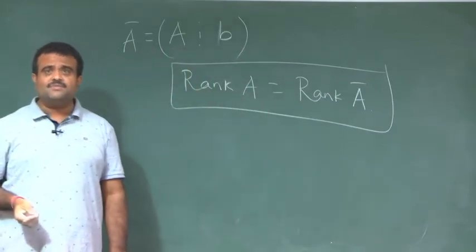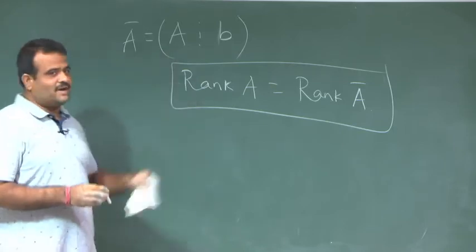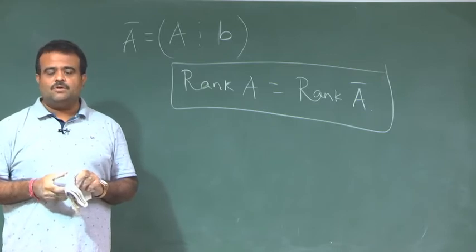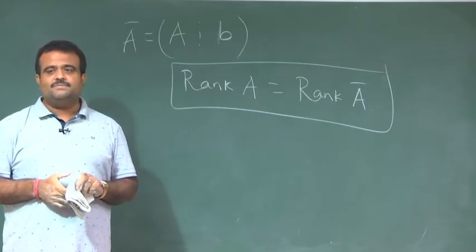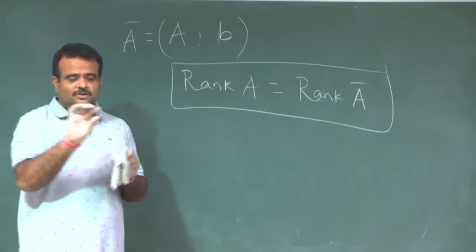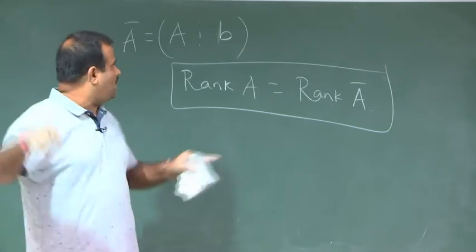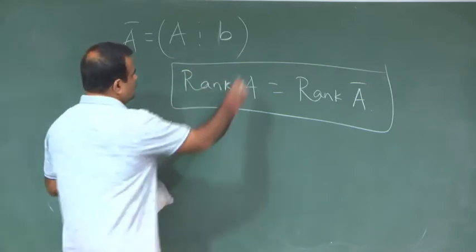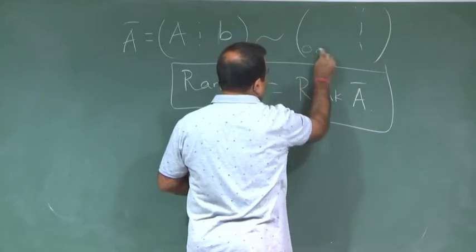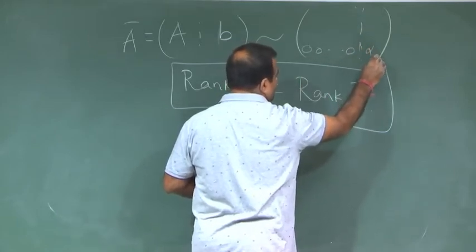If it is not the same, then there is no solution, because if we take this augmented matrix and keep on applying elementary row operations on it, then if the rank is not the same, eventually we will end up with zeros in the last row with some non-zero value in the B part. So, like this, we end up with some zeros over here if the rank is not the same, and here this is non-zero, some alpha.